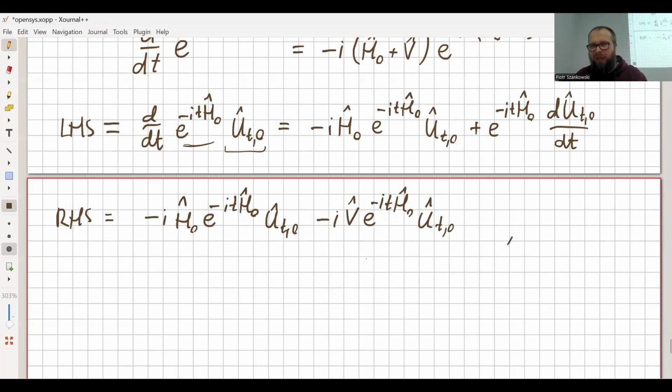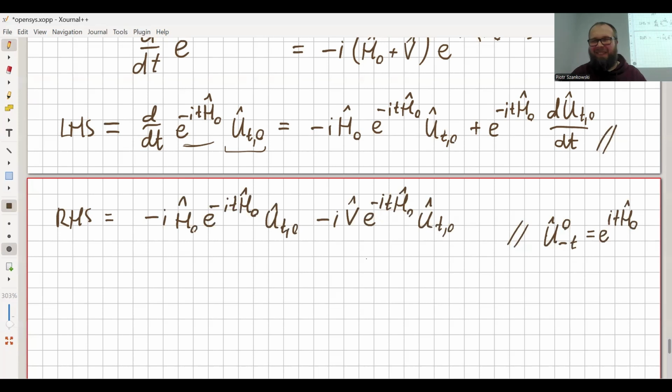You multiply both sides from the left with u0 to minus t, which is essentially the inverse of the known part, and multiply from the left. I don't know how to denote it.